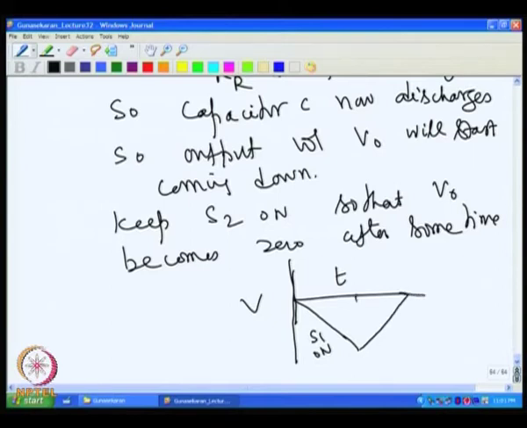Here is the t on time and this is the t off time, where S2 is on, and you keep it on until the output reaches 0 volt, that is, the capacitor fully discharges. Then you restart S1 and S2.